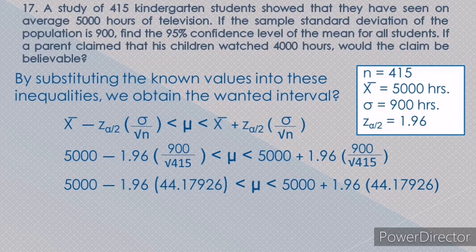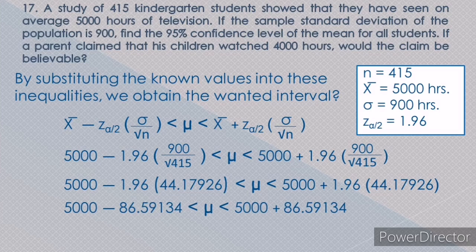So 900 over square root of 415 is equal to 44.17926. So the mean is in between 5,000 minus 1.96 multiplied by 44.17926, and 5,000 plus 1.96 multiplied by 44.17926. And 44.17926 multiplied by 1.96 is equal to 86.59134.